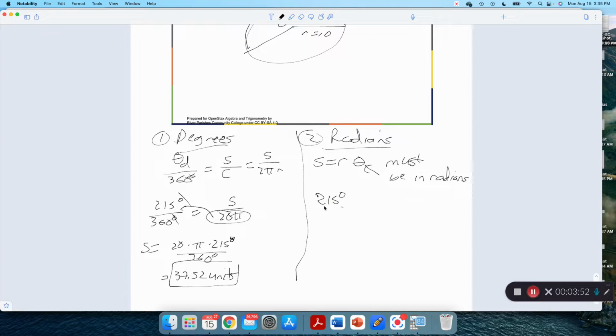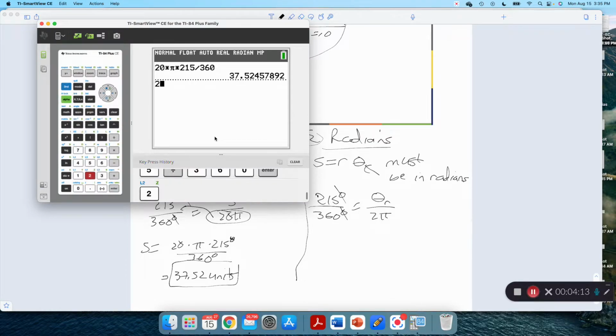215 out of 360 will be the angle I'm looking for in radians out of 2 pi. And I'm going to go ahead and simplify this. The degrees cancel. Let's see. I know 5 goes into top and bottom. So let's say 215 divided by 5 and 360 divided by 5.